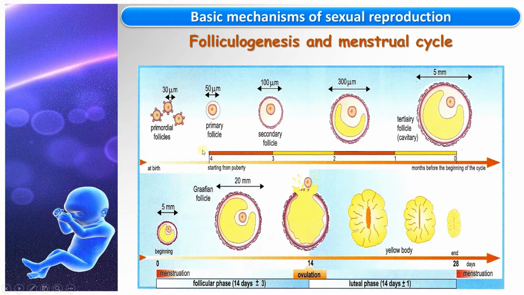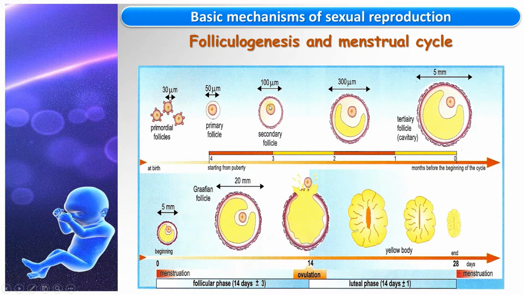Starting from puberty and monthly, around 500 primordial follicles start developing to give, 3 to 4 months later, 10 to 15 cavitary follicles. Of course, the primordial follicles become primary, then primary follicles turn into secondary follicles.